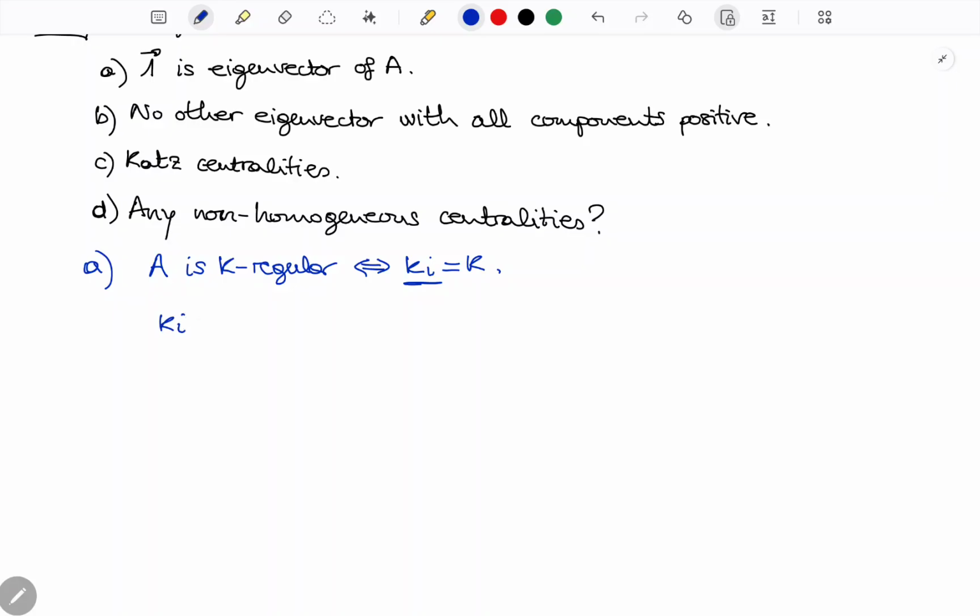Well, ki really is the addition of all the columns for each of the rows of A. So if we are in row i, focusing on the degree of node i, then this addition is the definition of how to compute the degree with the adjacency matrix. So let's say that the sum over j of Aij, by definition, is equal to ki, and because this is a k-regular network, this is equal to k.